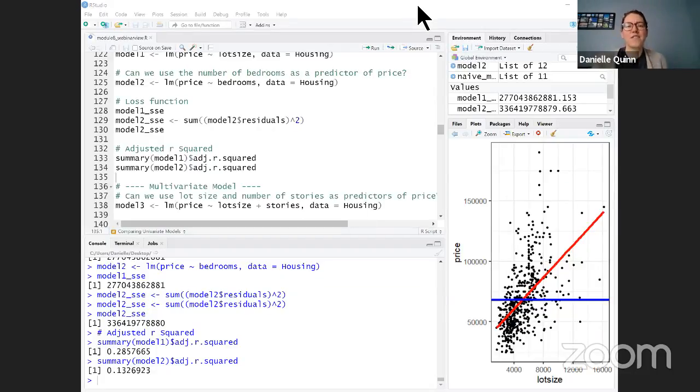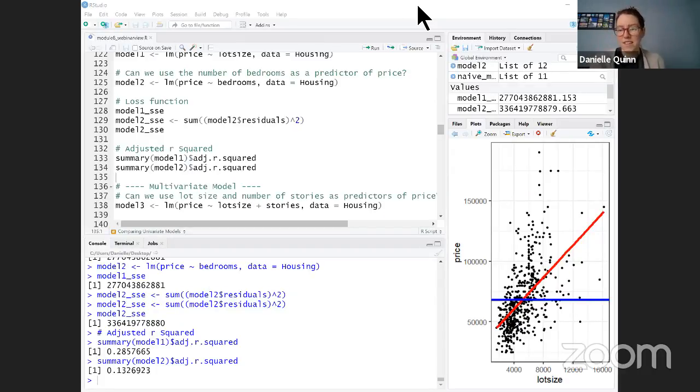So there are different ways of thinking about this. You could say, well, I could do a whole bunch of univariate models and figure out which predictors are best. But that's not always a good way to go because it's very possible and often very likely that predictors are going to be interacting in certain ways. For example, maybe bedrooms doesn't give you any information until you consider bedrooms and bathrooms together.